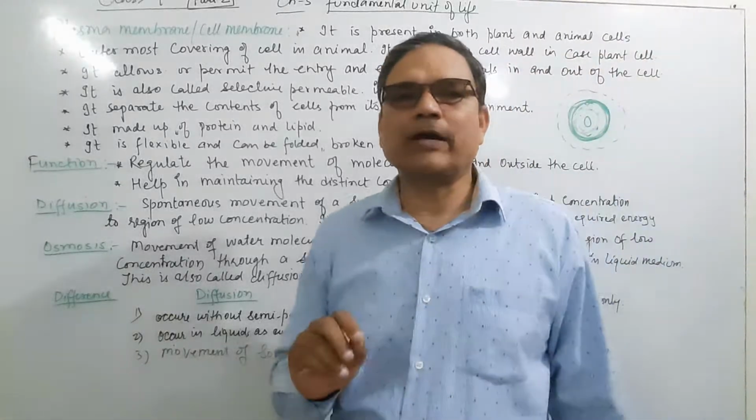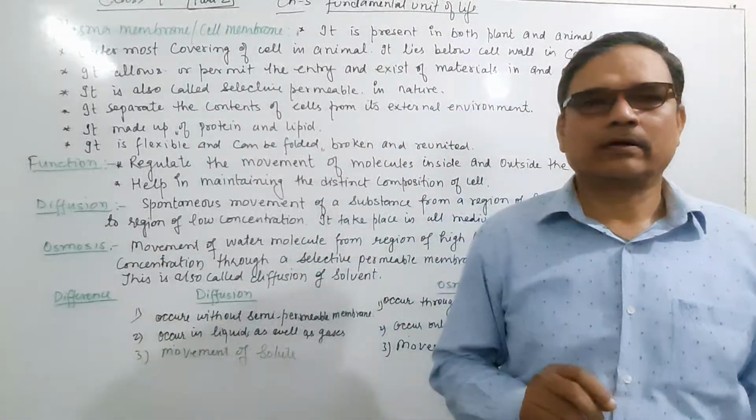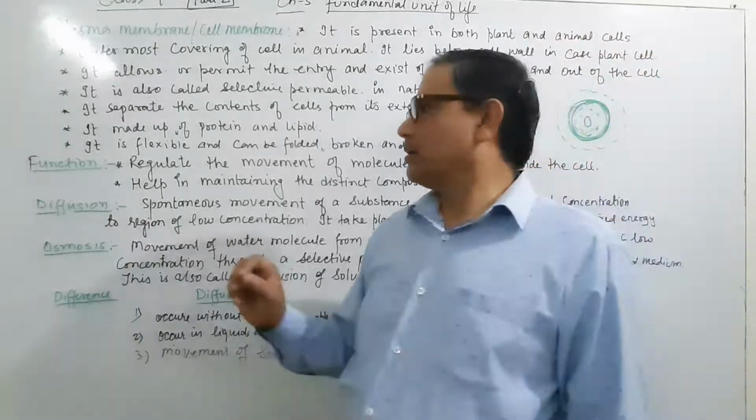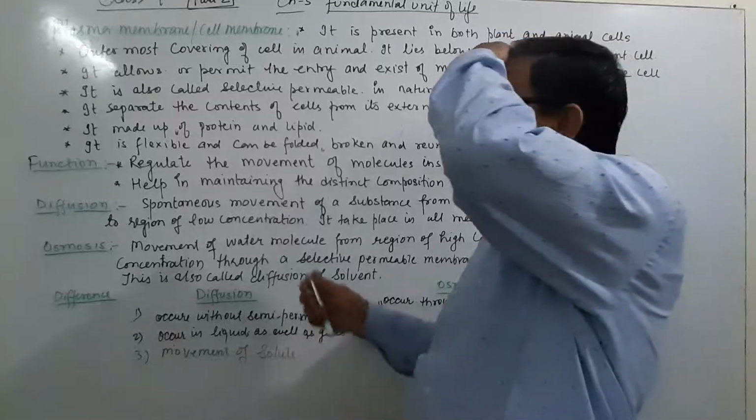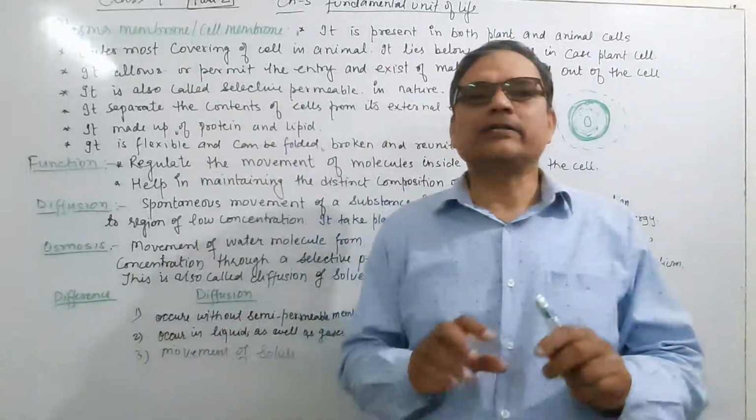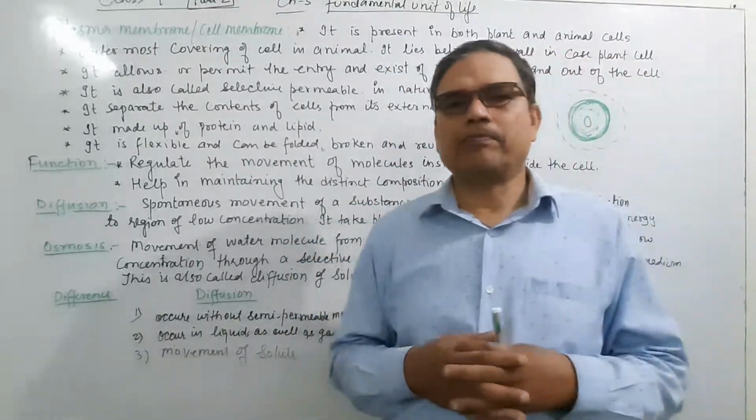The plasma membrane is made up of protein and lipid, and it is very flexible. It can take any shape.